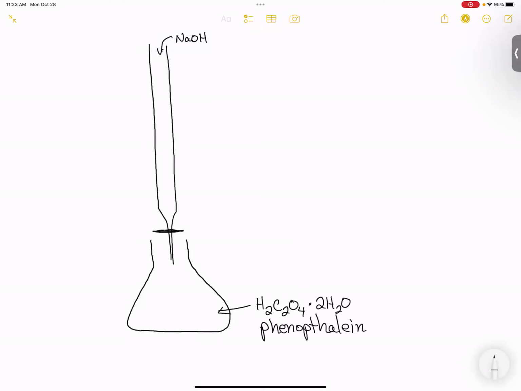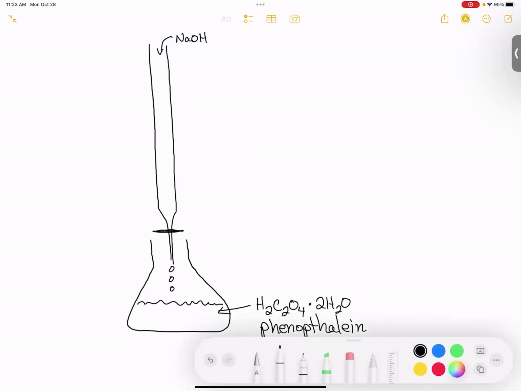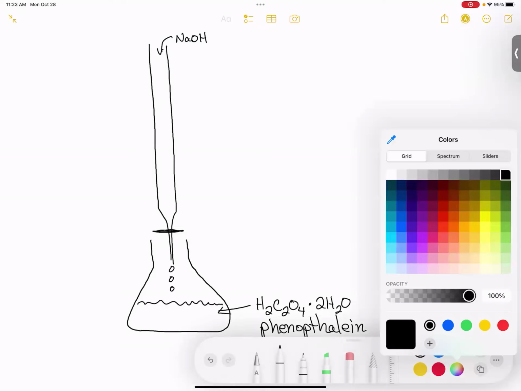Now, in College Chemistry 1, to our solution, we added sodium hydroxide until you obtained a pale pink endpoint.